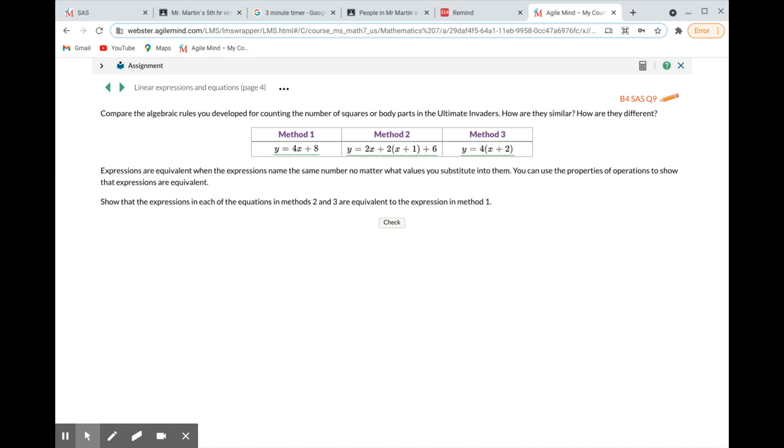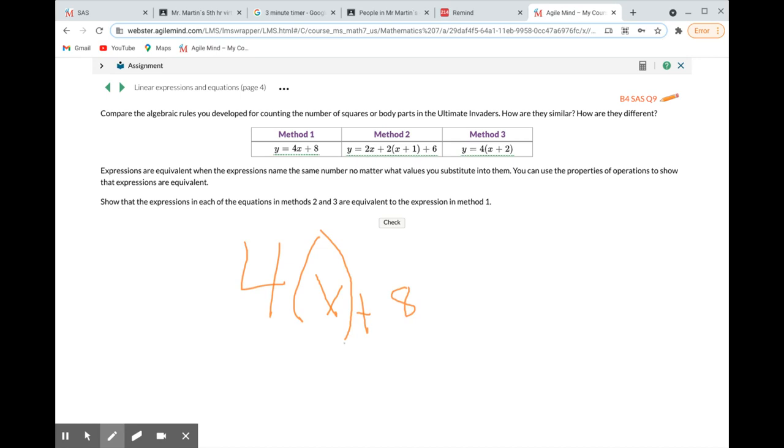So before we are dismissed today, how could we use the equation 4x plus 8 for the ultimate invader guy earlier? How can we use this to figure out which family member has 48 body parts?